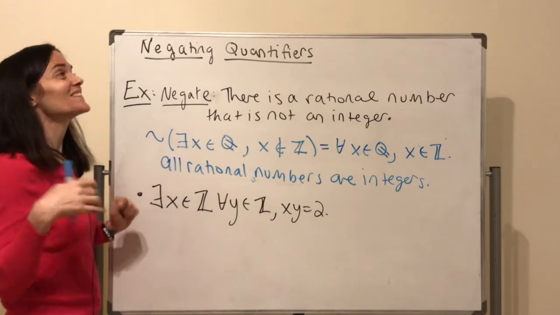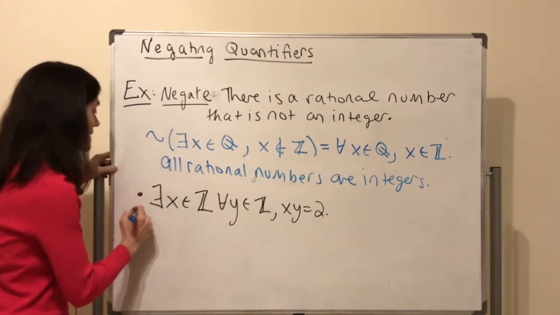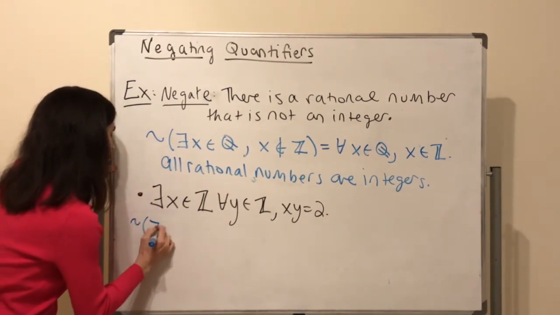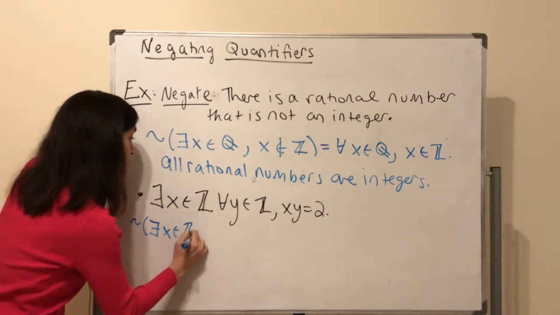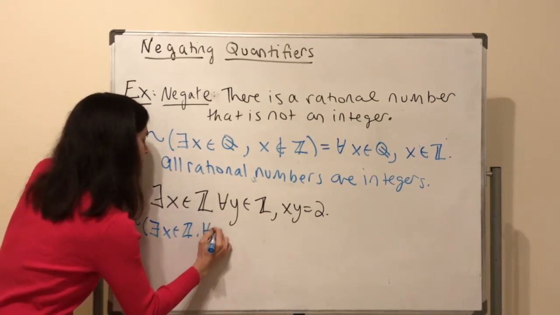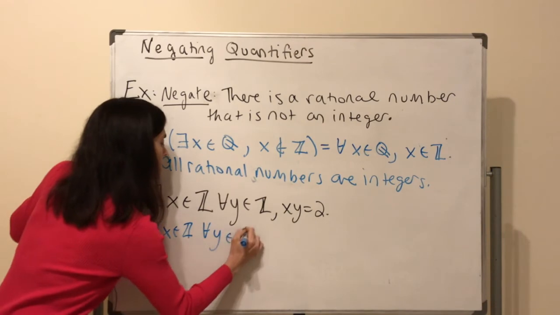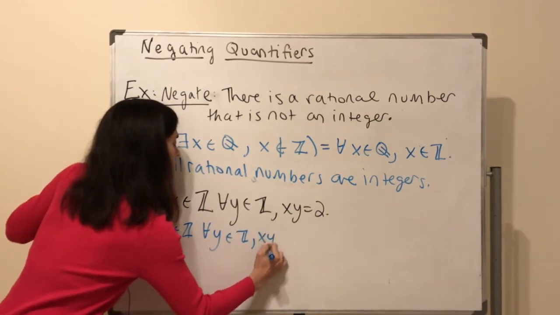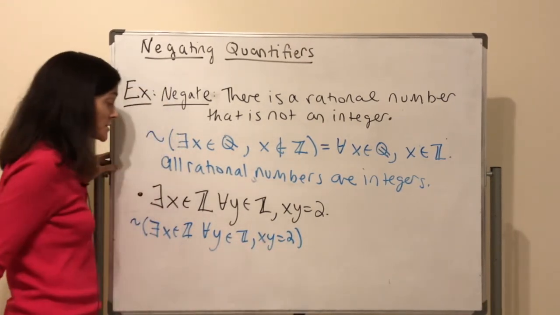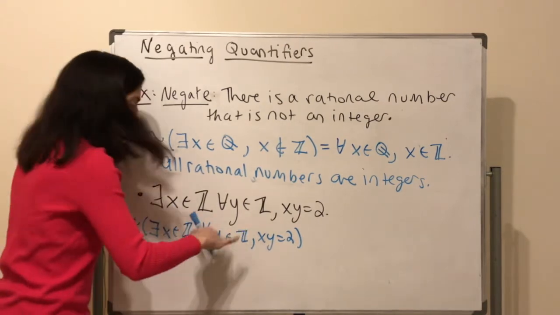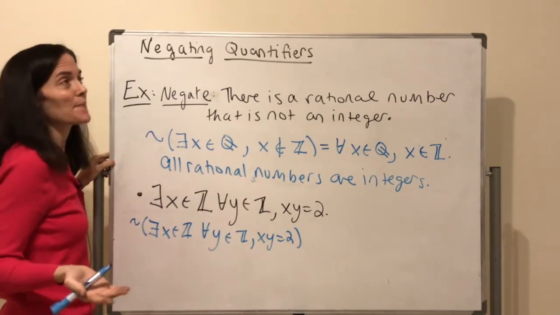Okay, now let's negate. So if we negate this, we should get a true statement. And I mentioned how we do this. We can sort of move the not in one step at a time.